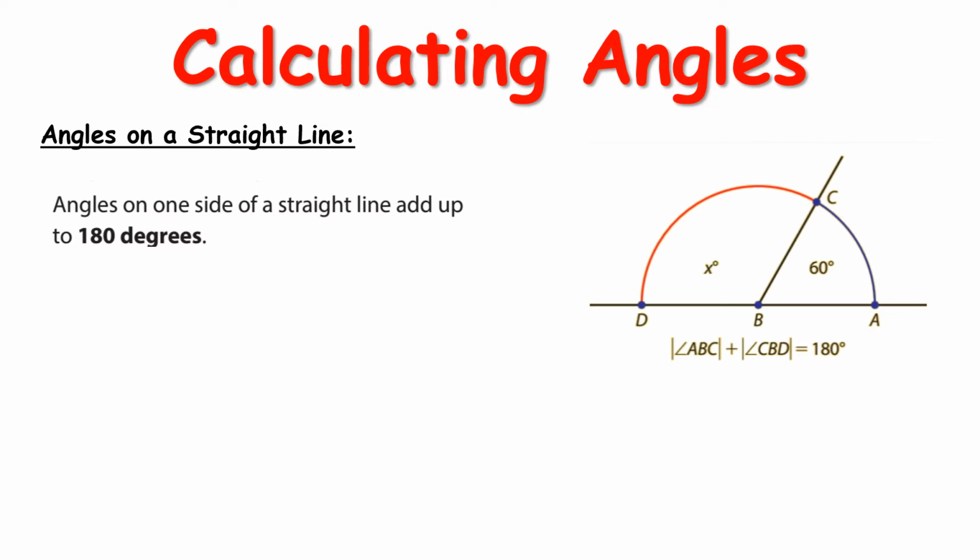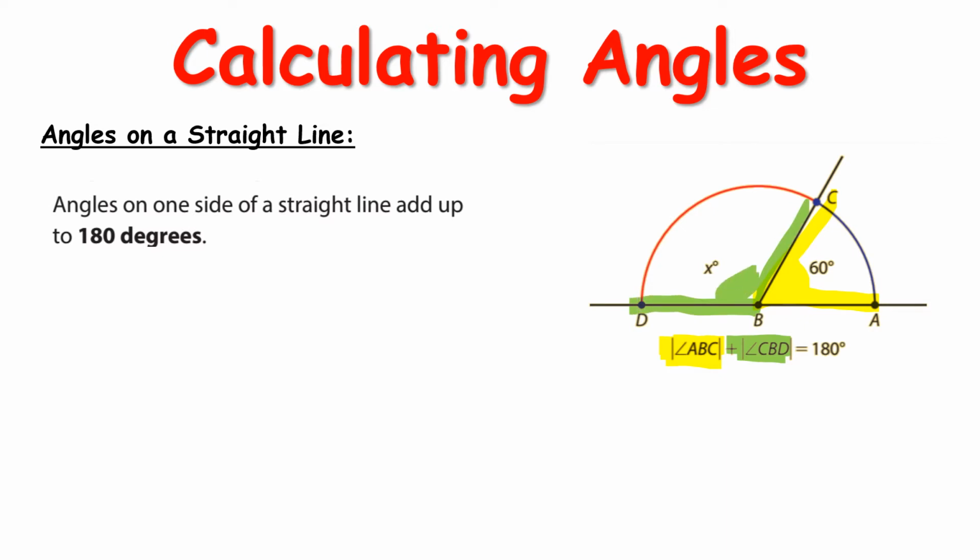So look at this beautiful notation here. The size, you see those two straight lines, and we met them before with the length of the line, and I said, well, actually they mean size. So size of a line is the length of the line. Here they're the size of angle, using the angle symbol, angle ABC, that's that angle here, plus the size of angle CBD, and that all adds to 180.